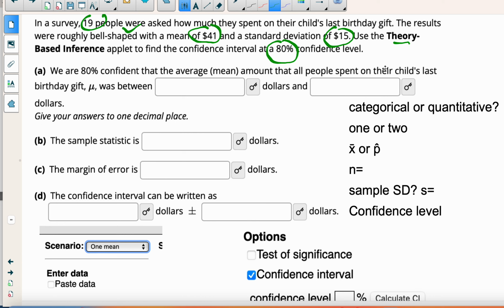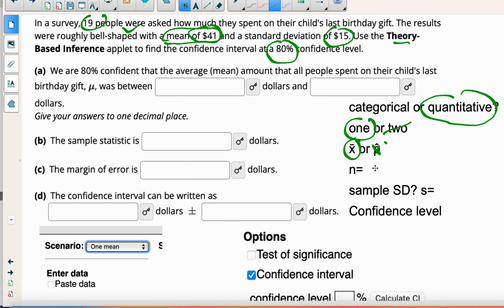First off, is it categorical or quantitative? We had a mean from our sample, so that means it's quantitative. Did I take one sample or two? I took one sample, so we're dealing with X bars because it's quantitative.